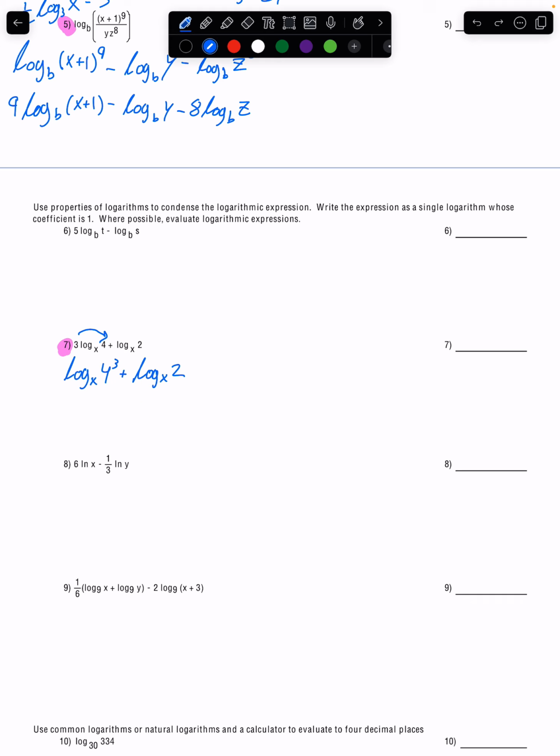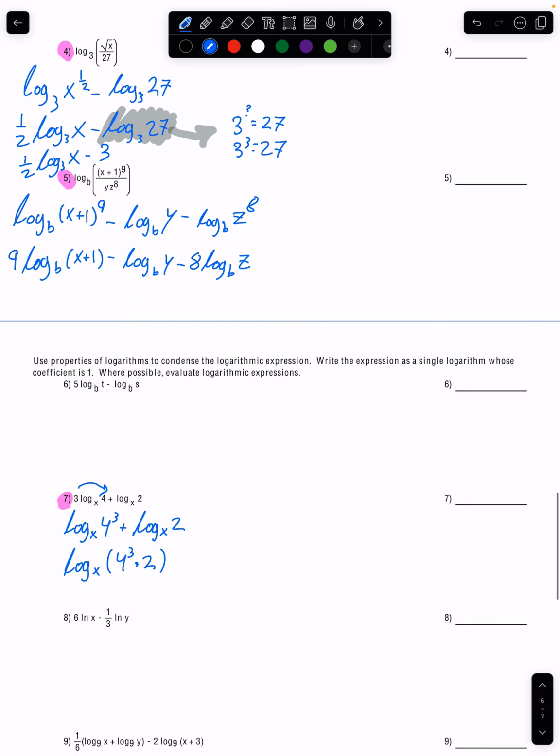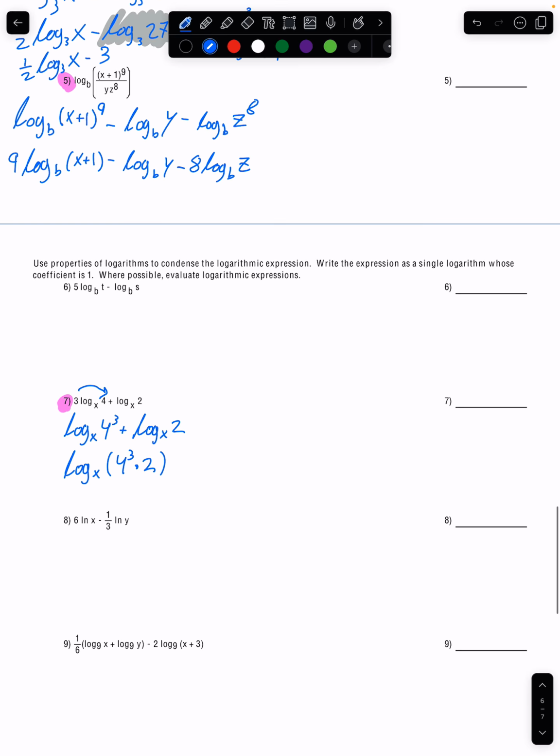Oh, no, that's incorrect. We can't solve it because it has an x in it. But if we want to bring them together, we can go log x of, in the parentheses, 4 cubed times 2. Just again applying rule number 2, but using it to bring it into multiplication. And then if you multiply that out, you would have log x of 128.